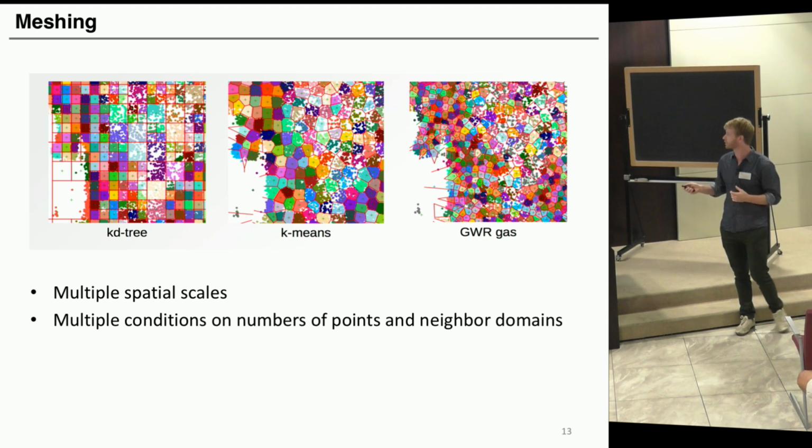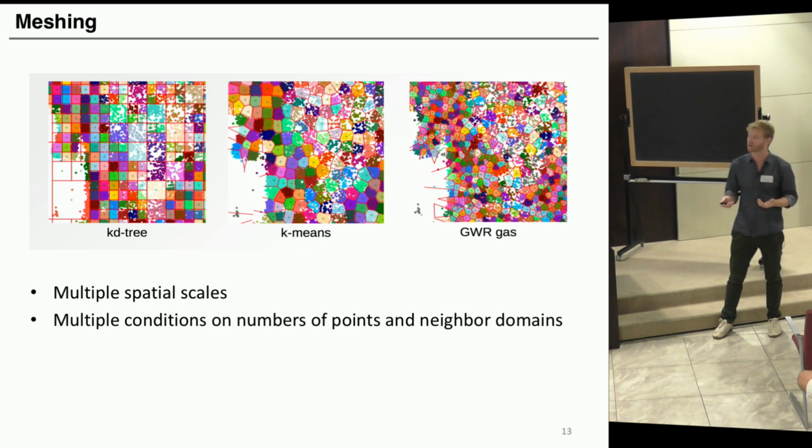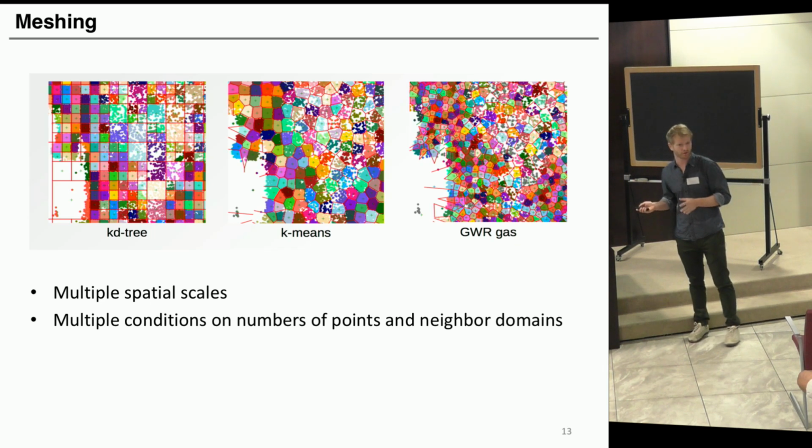And so François, our computer scientist, devised a new method based on a growing neural gas that gives us the best of both worlds, in the sense that we can get both adaptive sizes and adaptive shapes. Right?